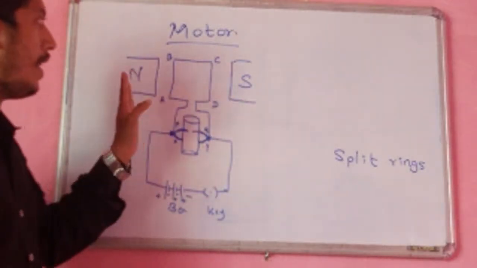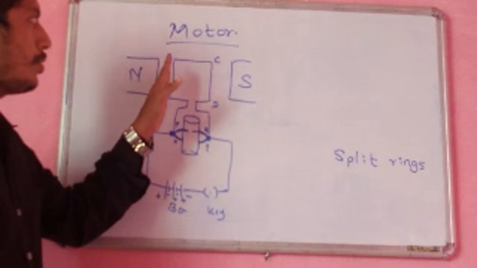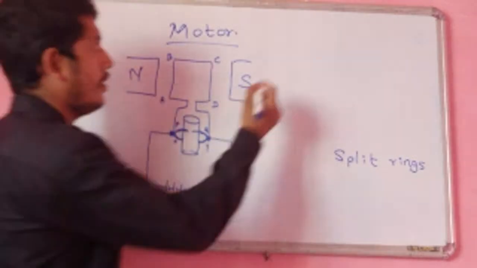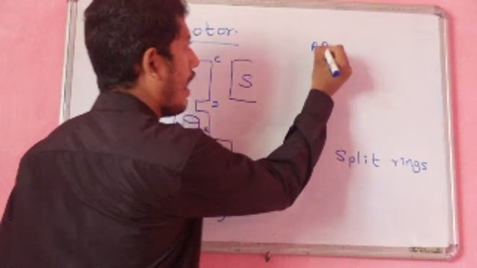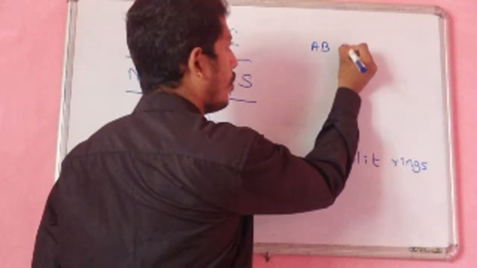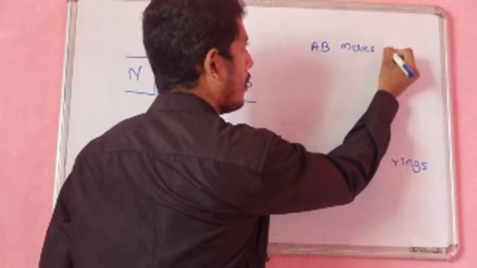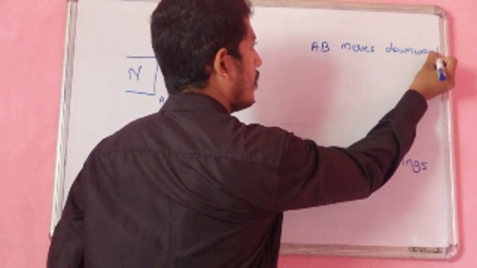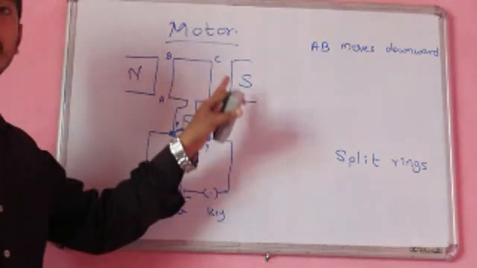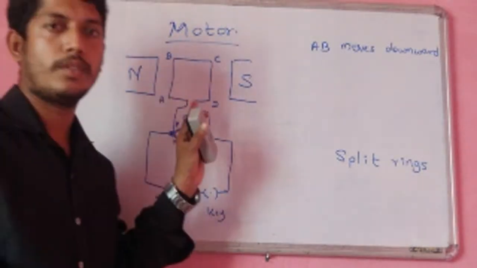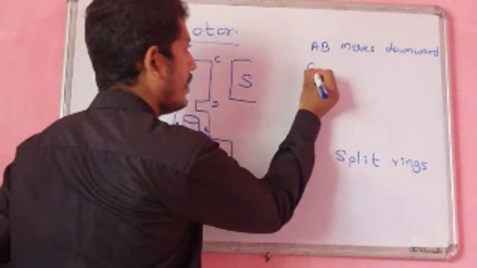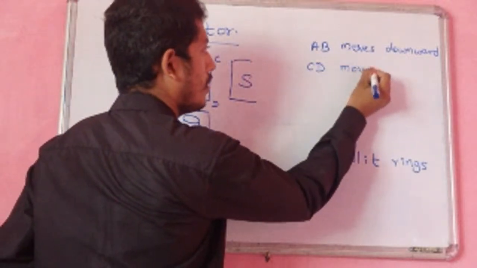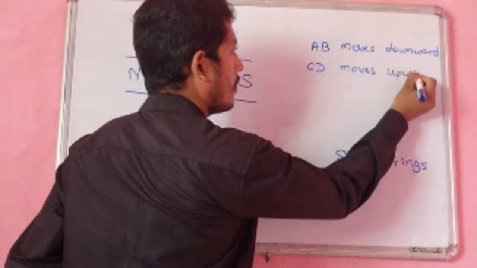So when electricity passes through it, arm AB moves downward, and arm CD moves upward.